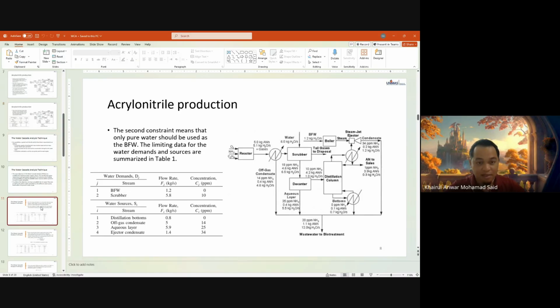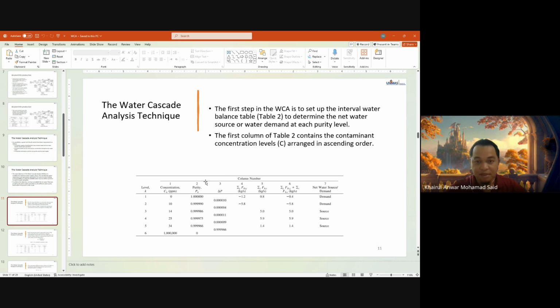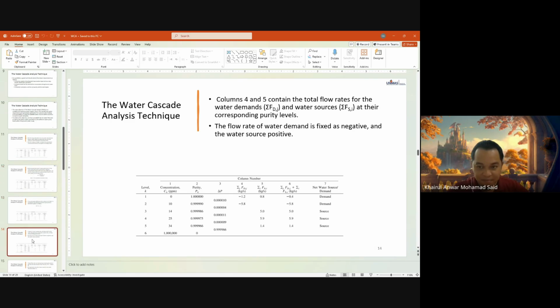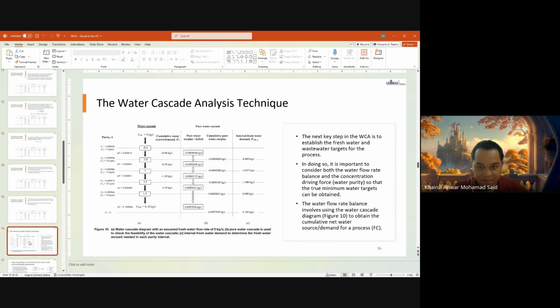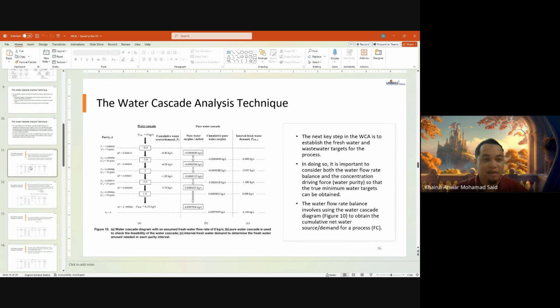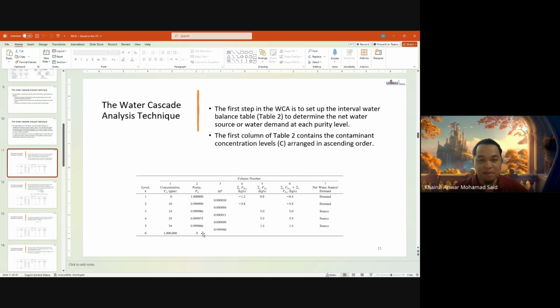Next is the calculation, starting from column number 2. Without level is fine as well.